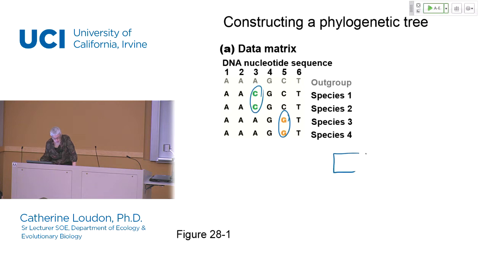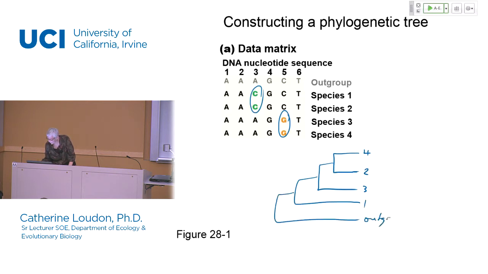So now we're going to make species 4 and 2 sister taxa instead of 3 and 4, and we're going to put 3 here and 1 here, and then we'll add in our outgroup. And there we go. Different tree.